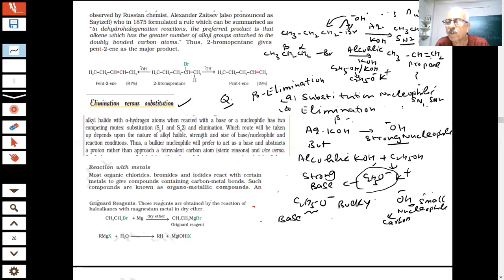And what does a base do, you know what a base is? A base abstracts the proton, students. Now when C2H5O minus comes, it will not be able to hit the carbon, but it will be easy for it to take the proton out because the proton is easily available.